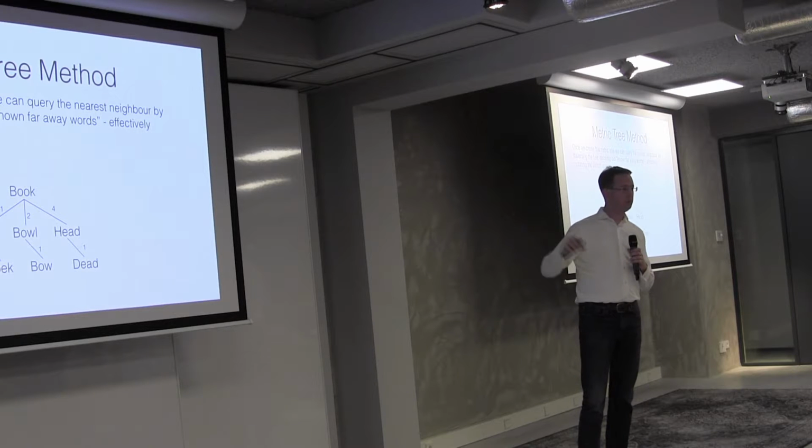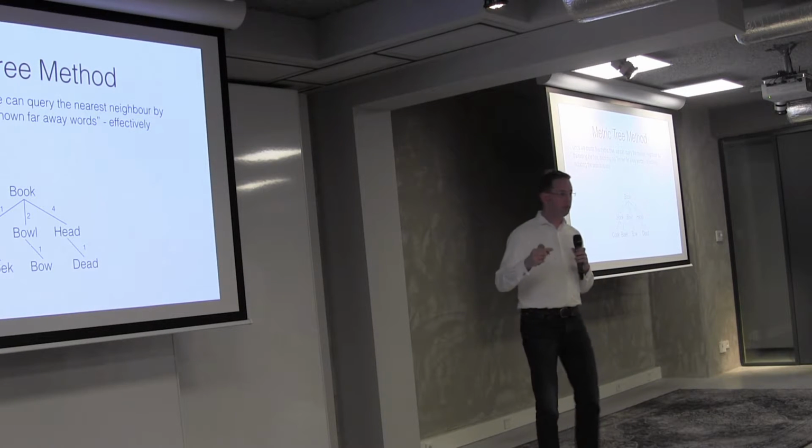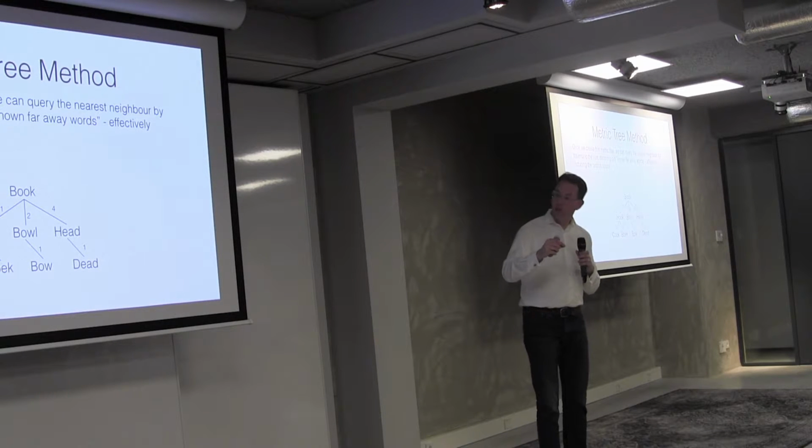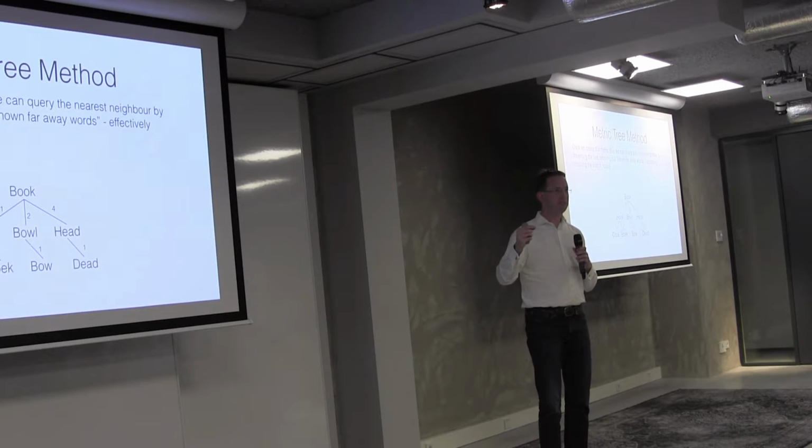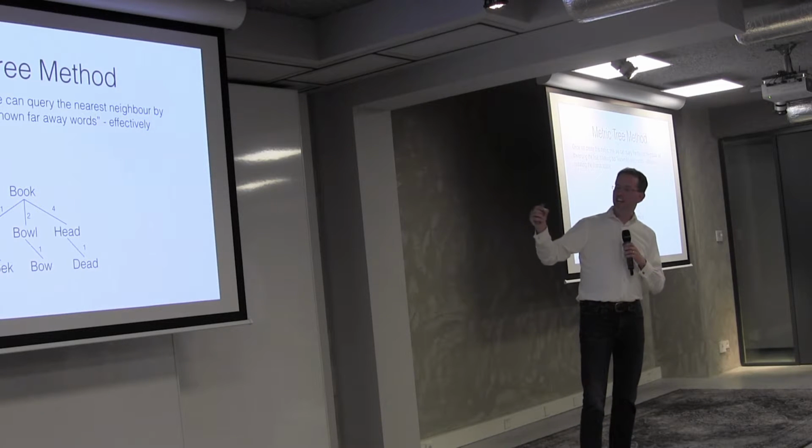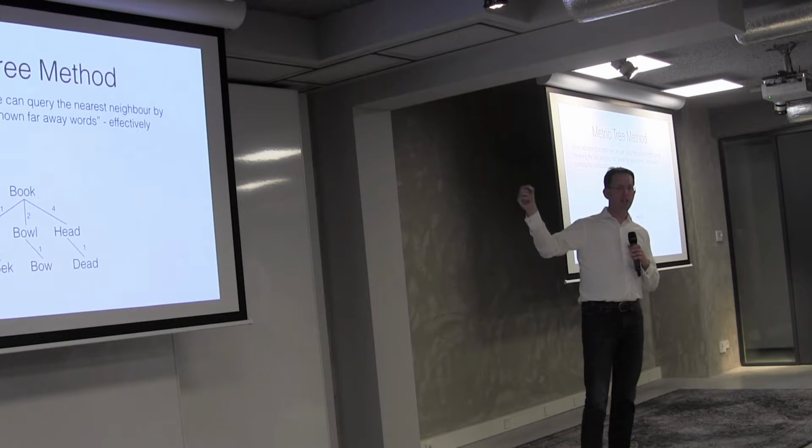Suppose hook comes in. Book and hook, the distance is obviously 1, replacing the B with the H. I didn't have an edge with distance 1 yet, so I attach hook to book and give that a distance of 1.